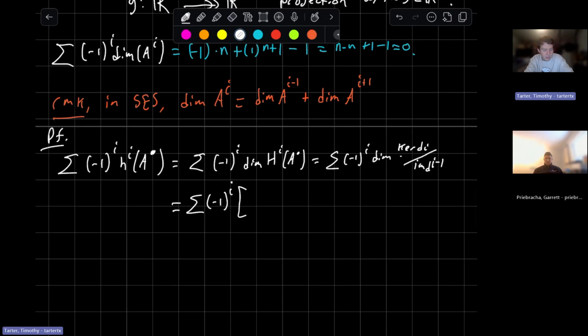So dim of kernel d_i mod image d_(i-1) is equal to the dimension of the kernel of d_i minus the dimension of the image of d_(i-1).